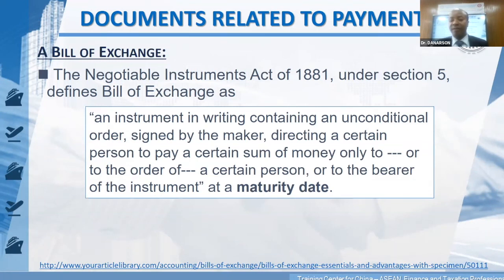Then the maturity date is the time when the one who is given it can cash it, to transfer a paper into cash. Like, okay, now the maturity date of this bill is today, so I'm going to the bank today. You can go to the bank tomorrow, but probably there's a limit, like from this time until this time. After that, there's probably a problem.